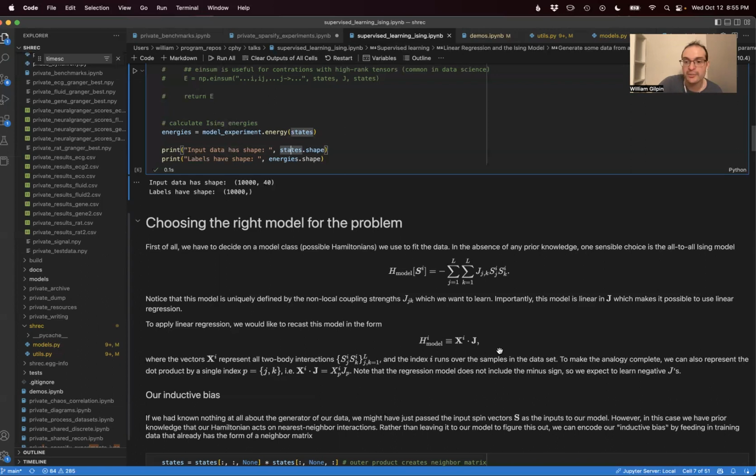Because in principle, my linear regression, if I perform it on this, it's really the question of, given a bunch of observations of this matrix, which is all pairwise interactions between spins, and given this J matrix, which is like the equivalent of the slope or this interaction matrix that we're solving for, given those two things, can I get the correct set of targets, which are the energies associated with it?